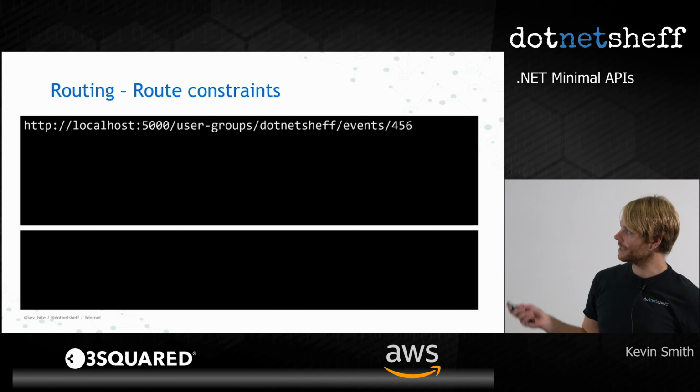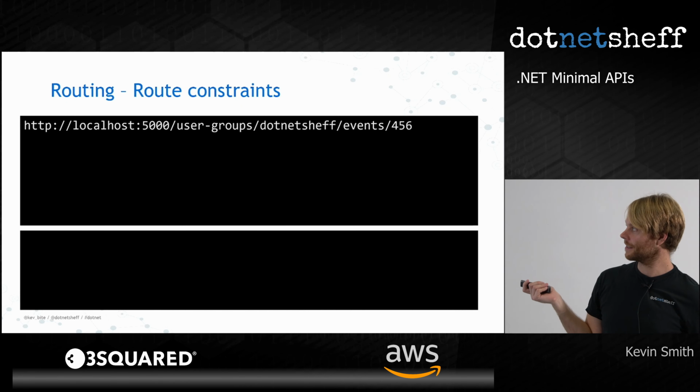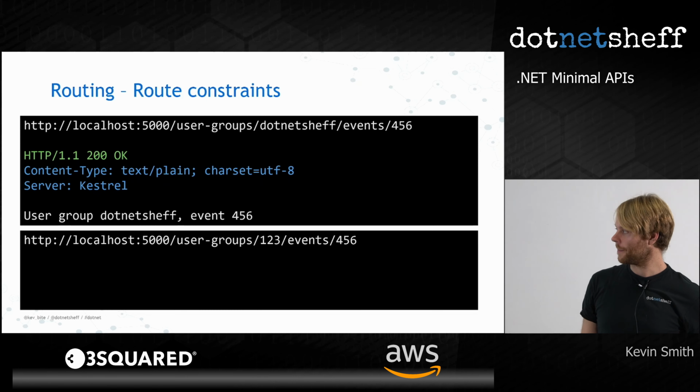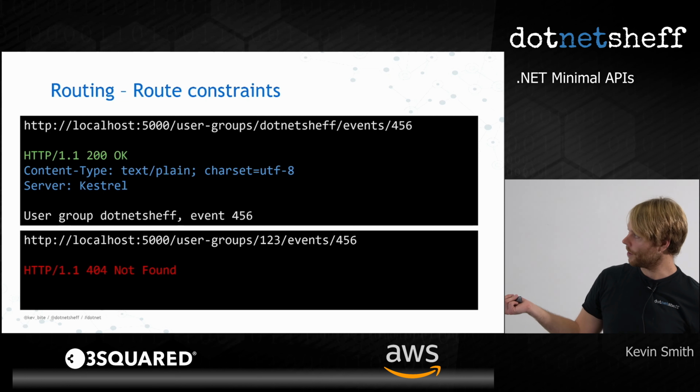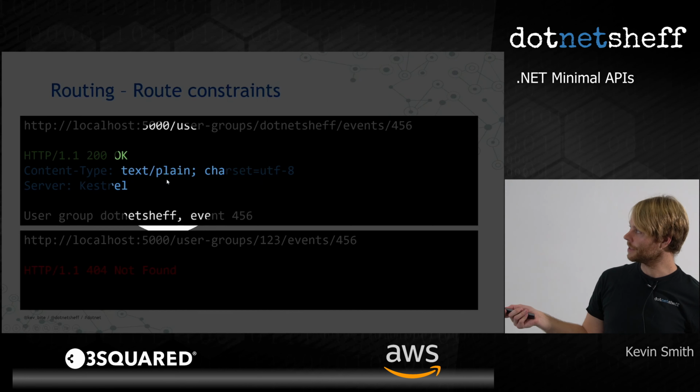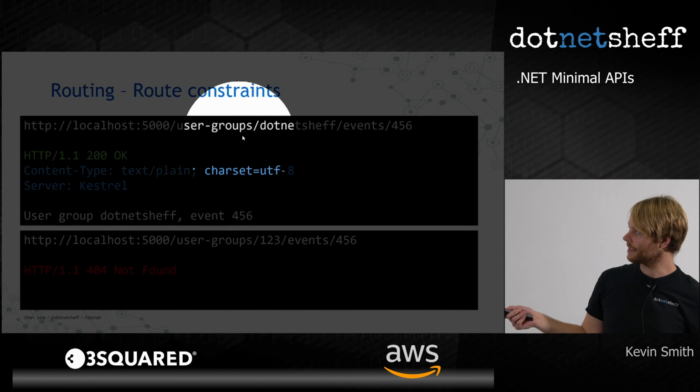So if we did a request to user groups.netchef/events/5456, we'll get an OK, and I'll get some response back from it. And then if we did one without matching the route, so this is the route here, because this is not matching our A to Z 1 to 15 times, this isn't actually matching any requests, so you get a not found instead.